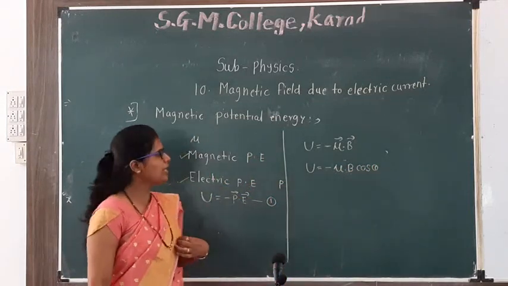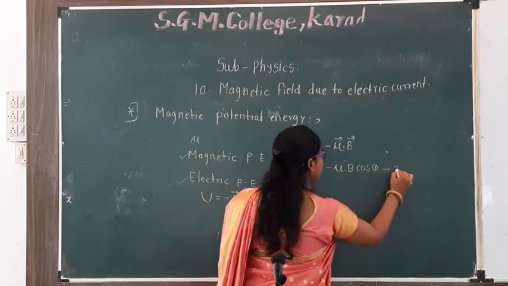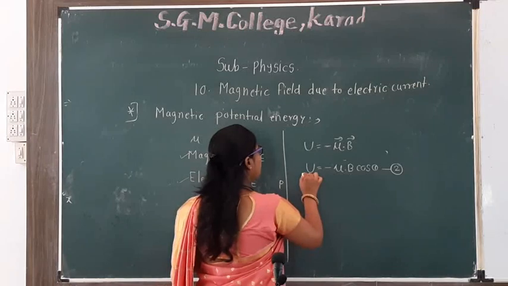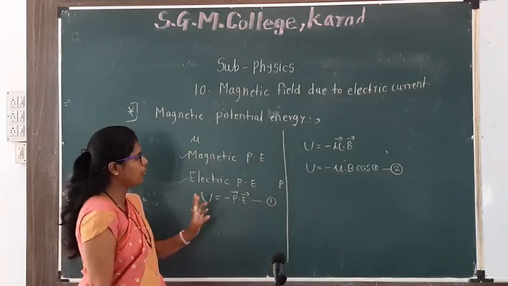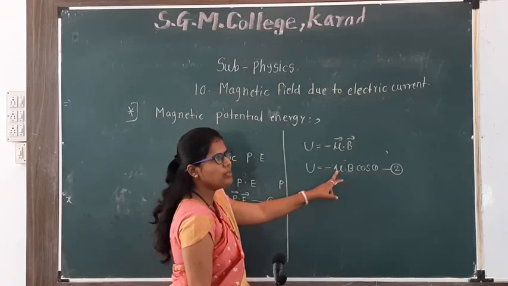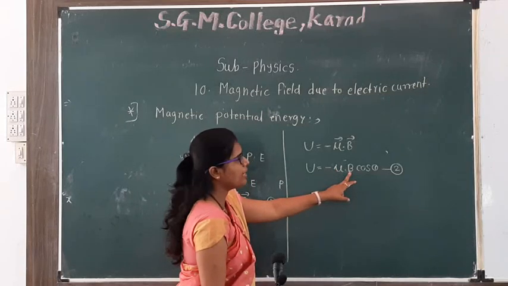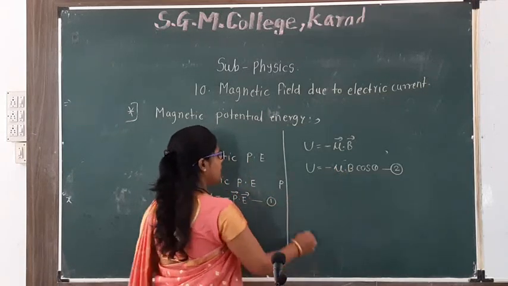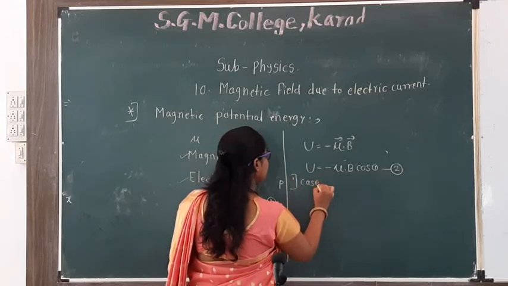This is equation 2, the magnetic potential energy, where mu is the magnetic dipole moment and B is the magnetic field. Now there are two cases. Case number one.